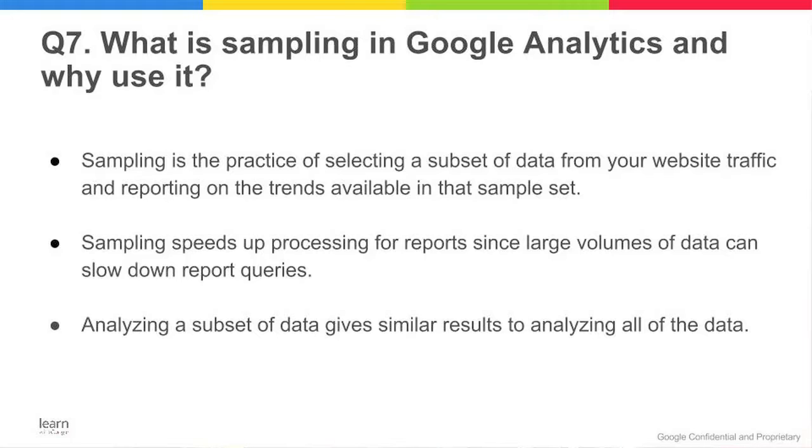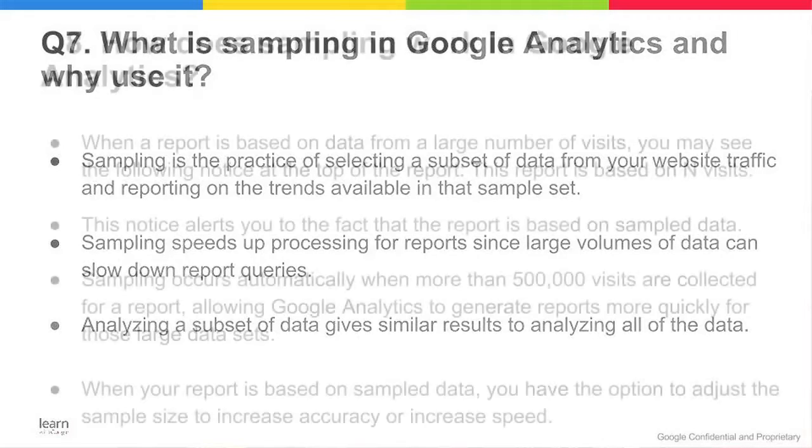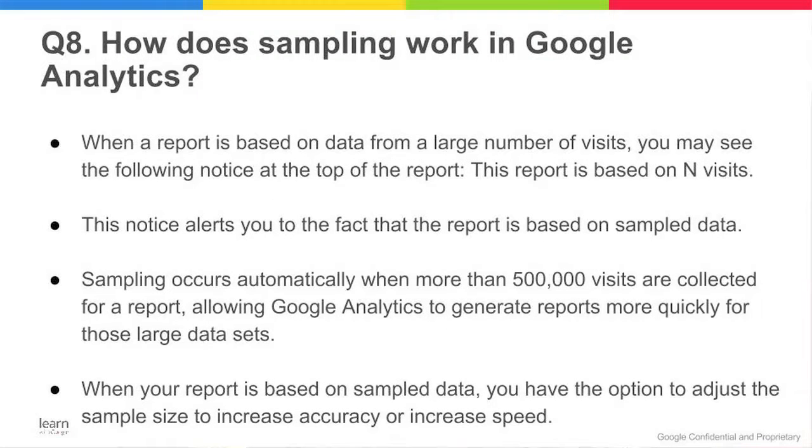And when sampling occurs in your analytics, you will see a warning saying that this report is based on X number of visits on the top right of your reports. When you see this yellow warning, you will understand that this report is based on sample data. Sampling happens automatically when more than 500,000 visits are collected in a report.